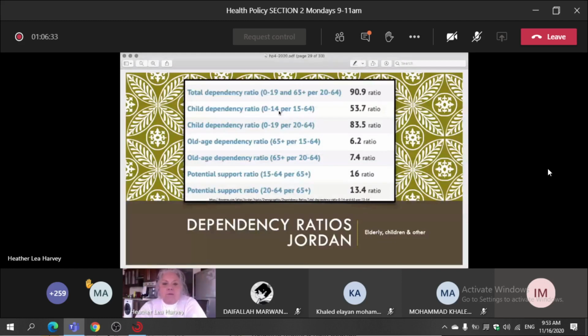And it says over here, if we look at children, even you all are considered dependents because almost all of you live at home. It's very different than in the US. Your parents pay the bills, they feed you, they give you money to go out, and do all those things. In the US, there are lots of young adults that are 18, 19 years old who no longer live at home.